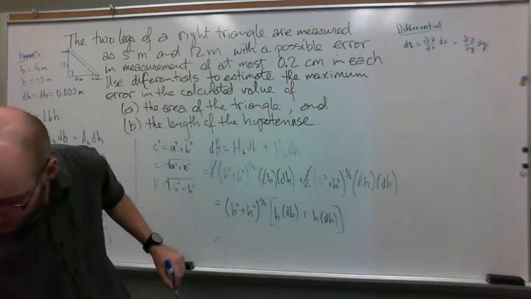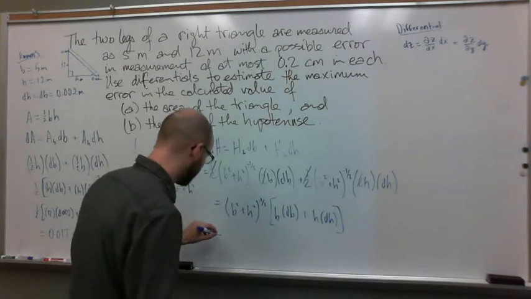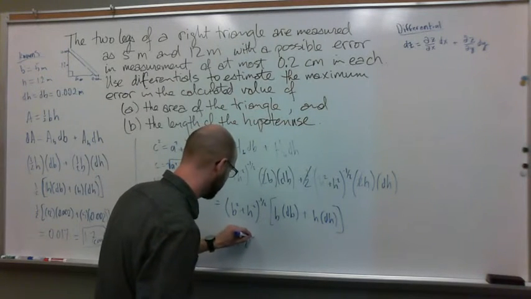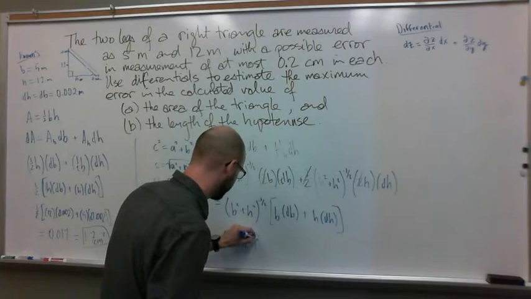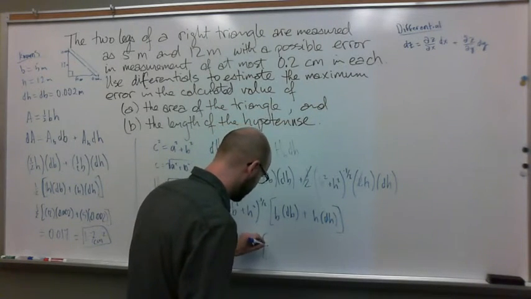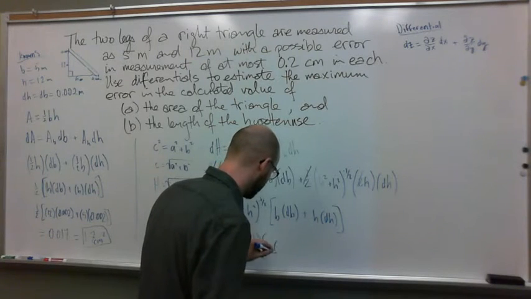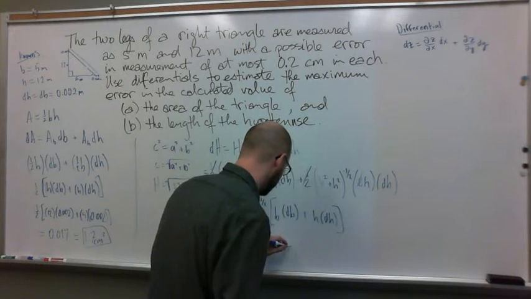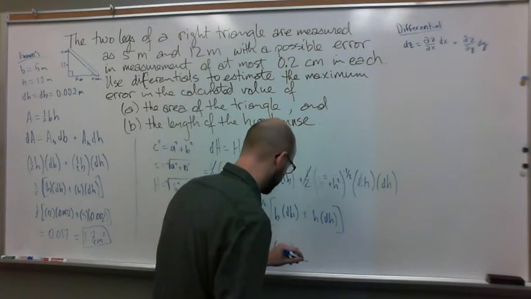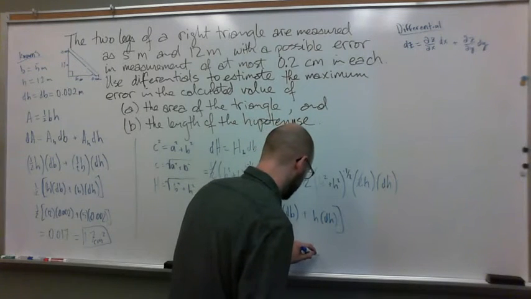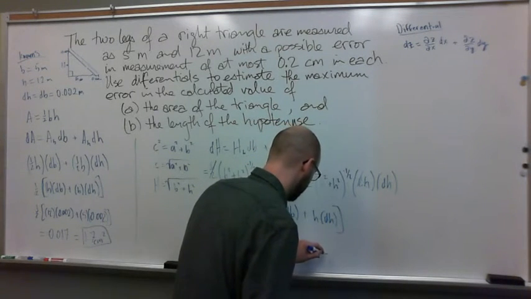And that's going to be 5 squared plus 12 squared to the power of -1/2 times the base, which is 5, times 0.002, the change in the base, plus the height, which is 12, times the change in the height, 0.002.